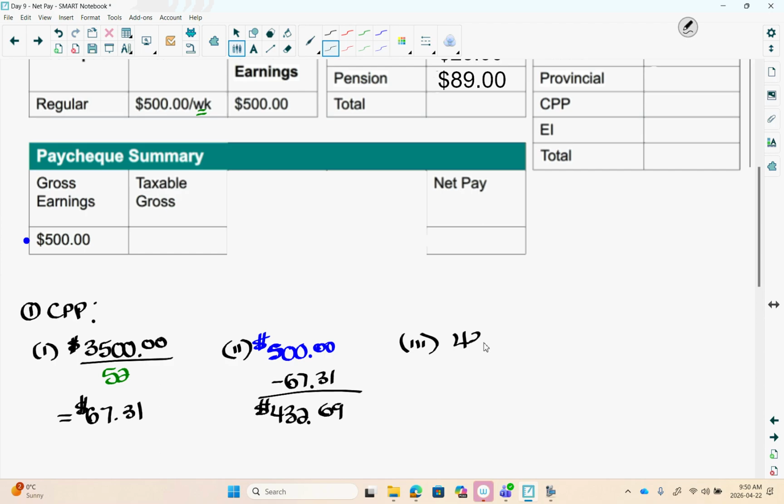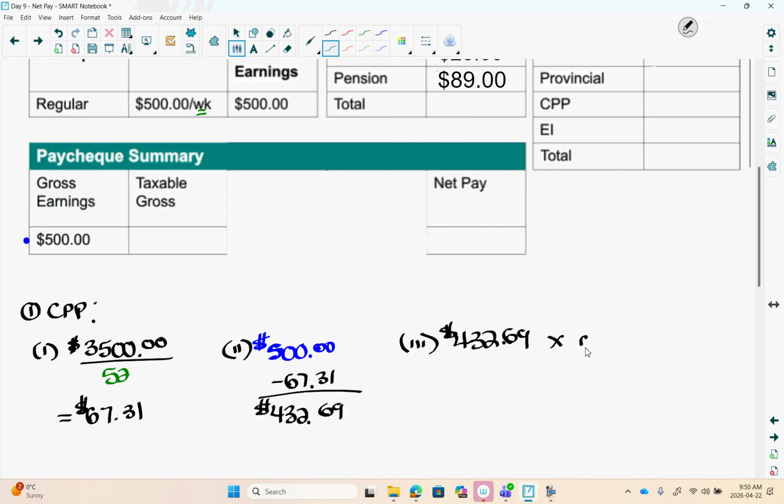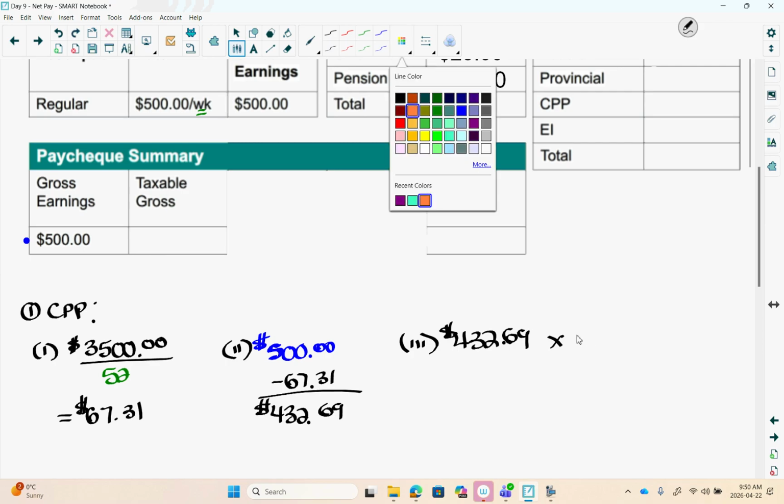Now, what do I do with the 432.69? I multiply it by something. Think about what we're finding here. We're finding the Canada Pension Plan deduction or contribution. 0.0525. Where's that number coming from?